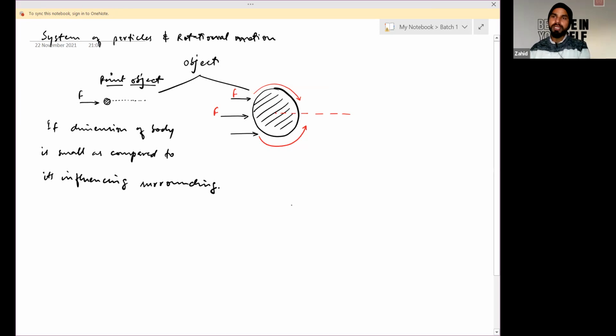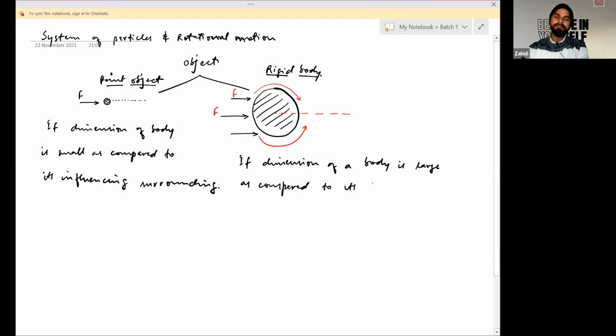So if the dimension of a body is comparable or large enough as compared to its influencing surrounding, that would be termed as a rigid body, or a body having a large number of point objects.